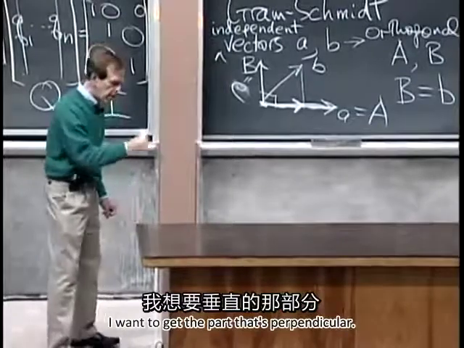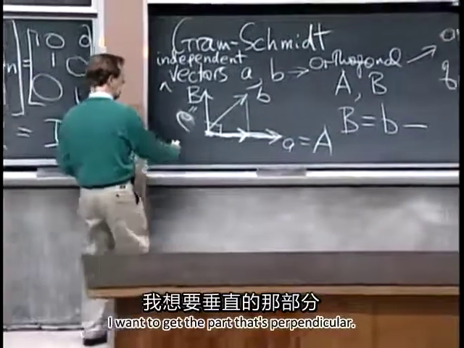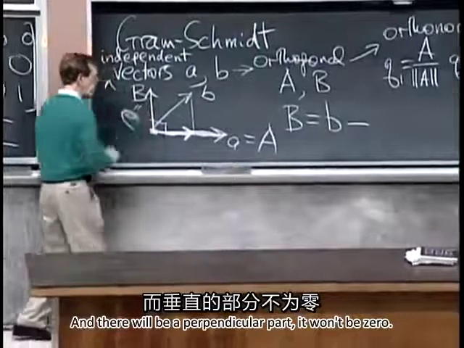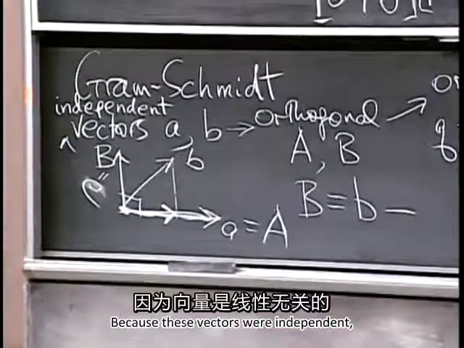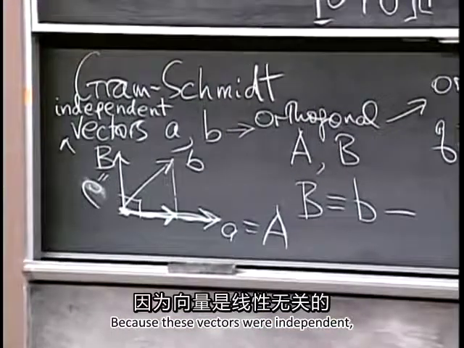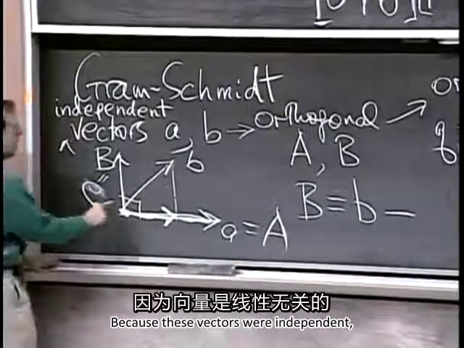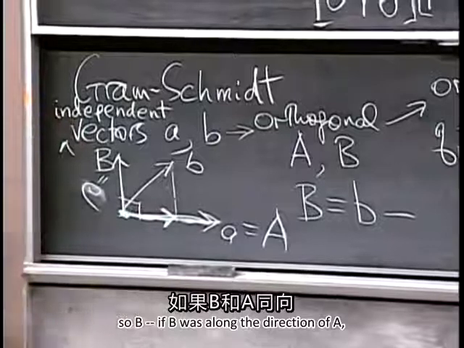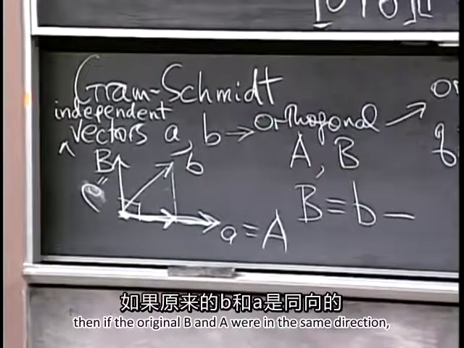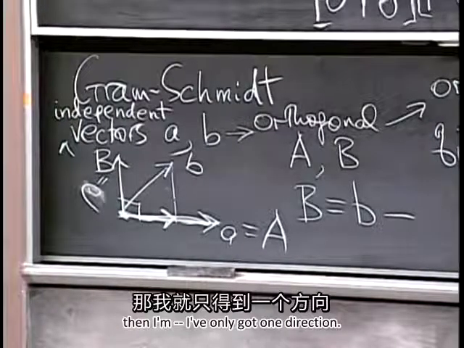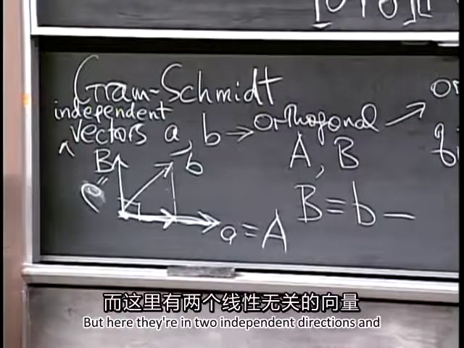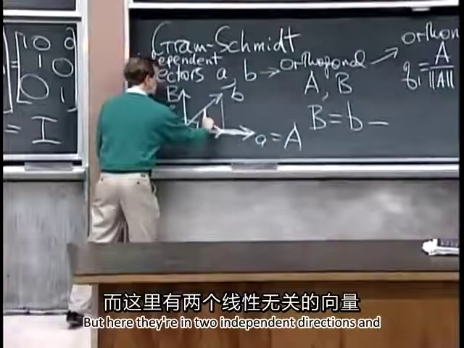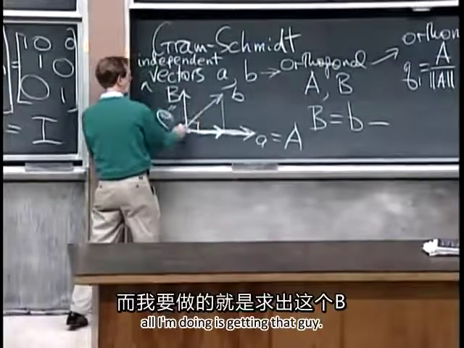I want to get the part that's perpendicular. And there will be a perpendicular part. It won't be 0, because these vectors were independent. If the original B and A were in the same direction, then I've only got one direction. But here they're in two independent directions, and all I'm doing is getting that guy.